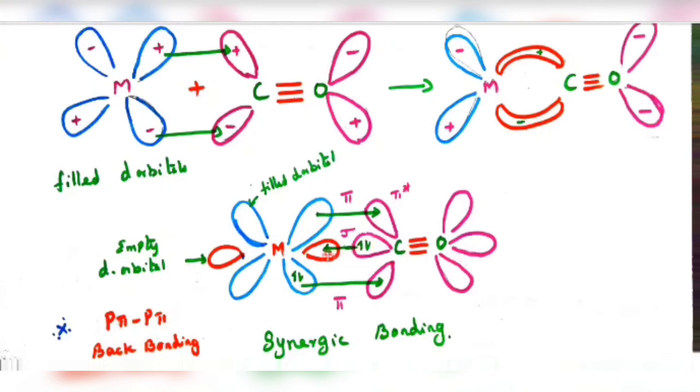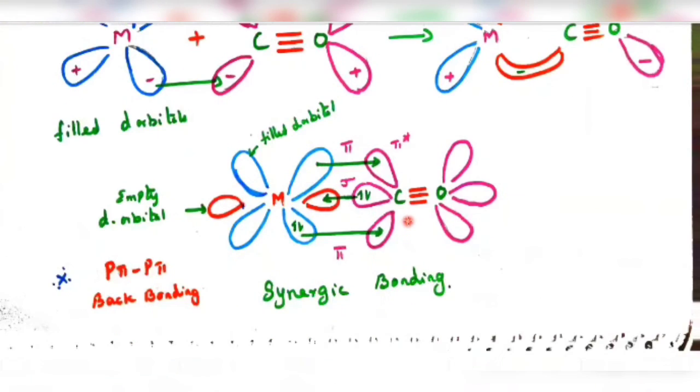First carbon donates to the metal. Then the metal gives the electrons back to the carbon of the carbonyl, so it is called back bonding. Totally, that bond is called synergic bonding. Synergic means self-strengthening bonding.